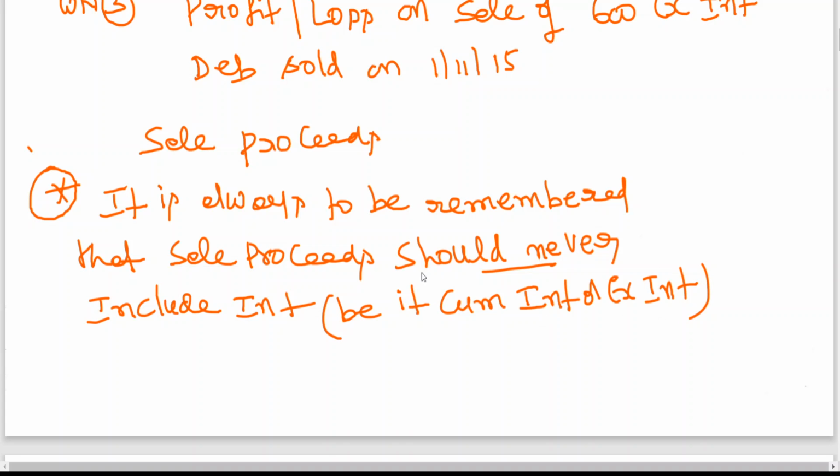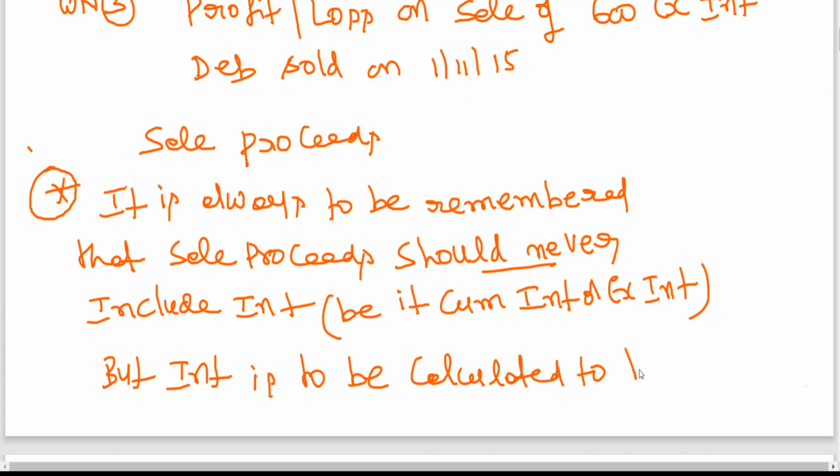The reason is to find out profit. Sale proceeds should never include interest, but interest is to be calculated and shown in which column?